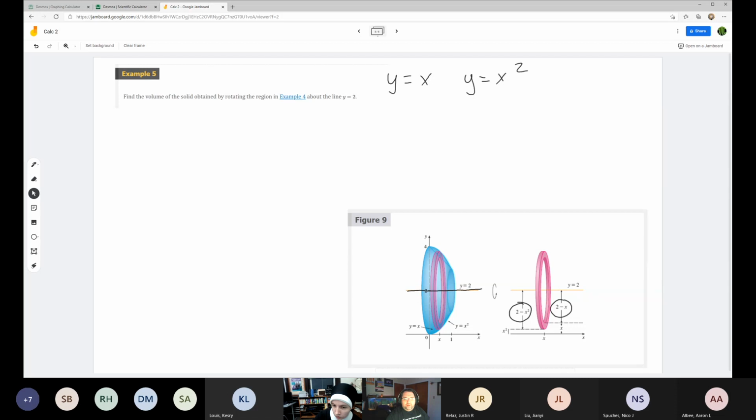So when we're going through and doing this one, my outer edge is 2 minus x squared, squared, and then the inner one is 2 minus x squared.